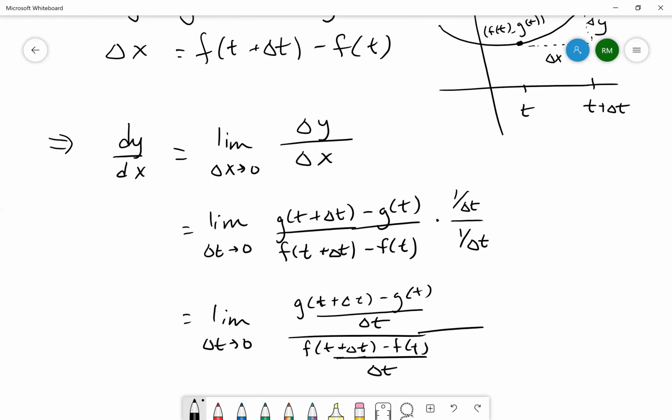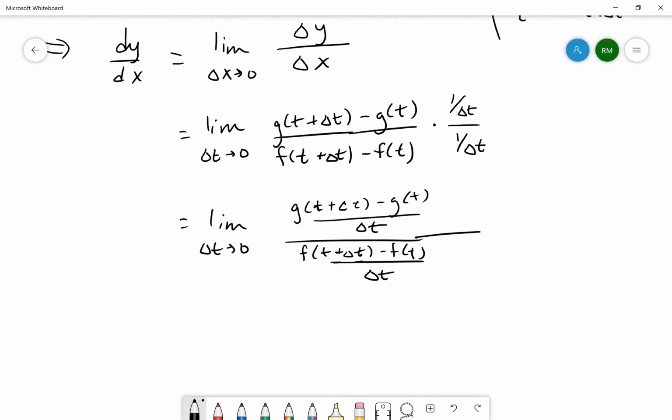Okay, and we're going to write one more thing so that you can see what's happening. We have a fraction of limits. We can take the limit of the top and we have the limit of the bottom.